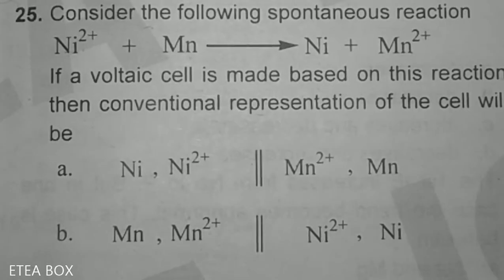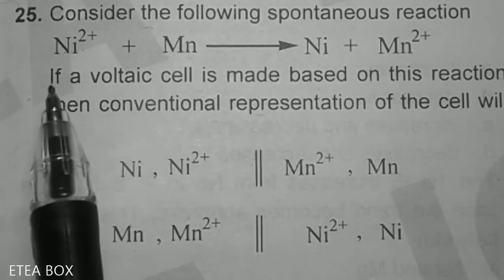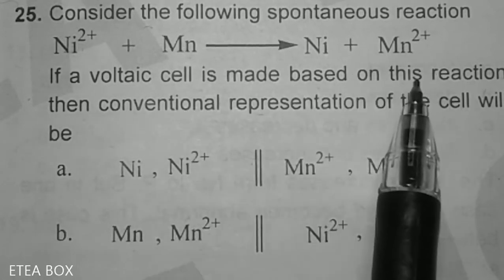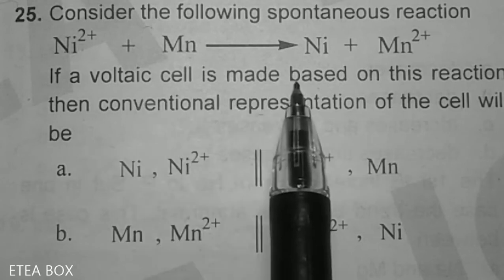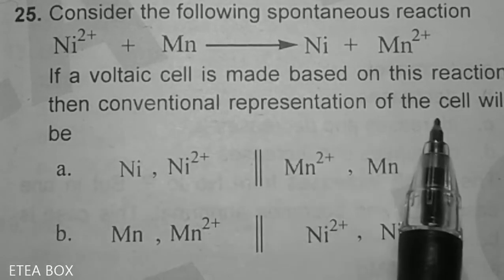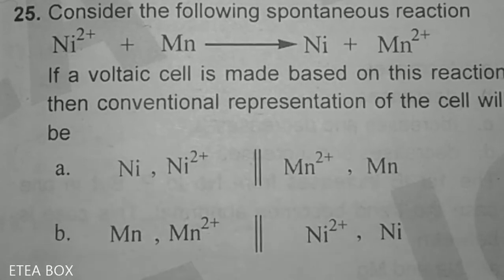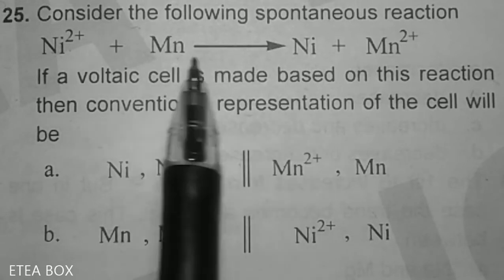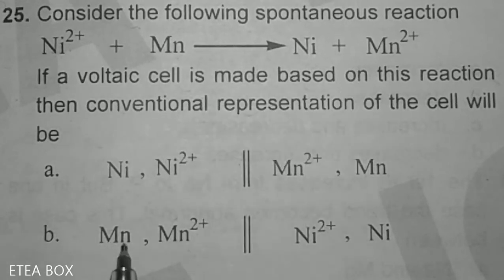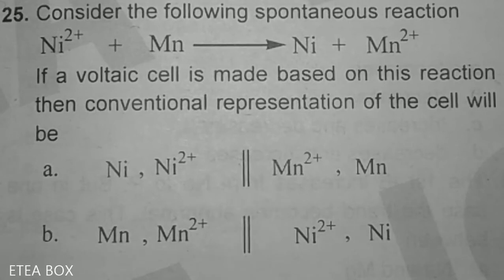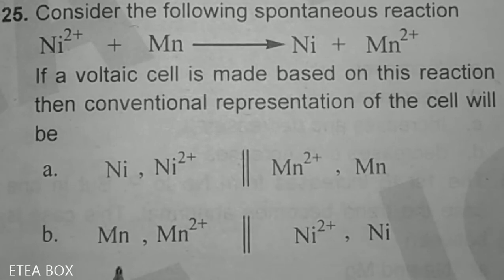Okay, consider the following spontaneous reaction. Look, nickel has gained 2 electrons and manganese lost 2 electrons. If a voltaic cell is made based on the reaction, then the conventional representation of the cell will be. We know that there are 3 rules for the representation of a cell. The first one is that we have to represent the anode on the left side.